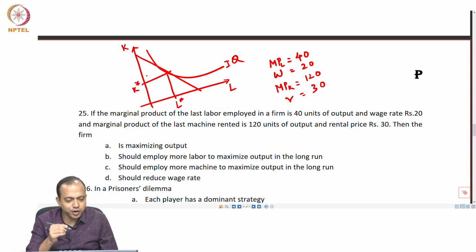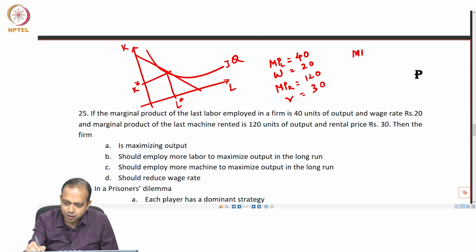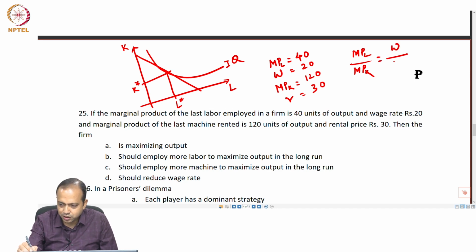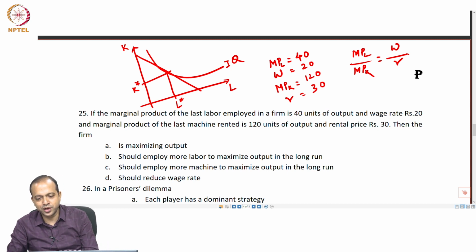So, the equilibrium condition that we have learned is MPL by MPK, which is the slope of the isoquant, should be equal to minus W by R. I am not putting the minus over here. So, this is the condition, MPL by MPK equals W by R.